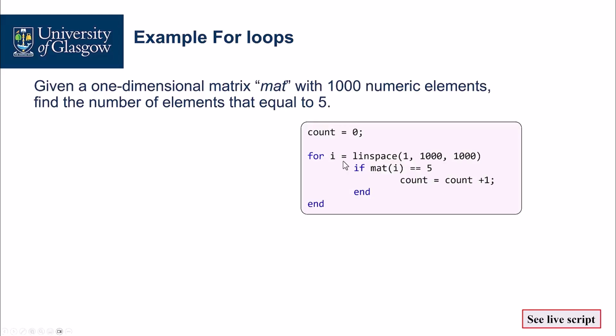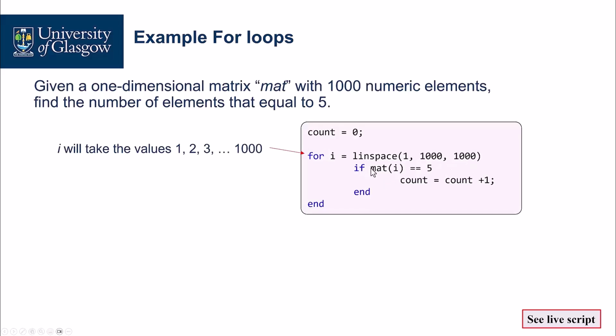Then I generate a for loop: i equals linspace(1, 1000, 1000). What does this mean? Linspace, you can recall from last week's class, generates a 1D matrix: 1, 2, 3 till 1000. Starting from 1 and ending at 1000, there are 1000 elements.